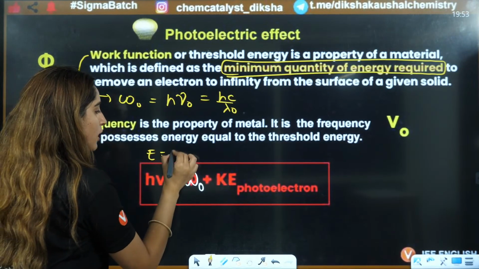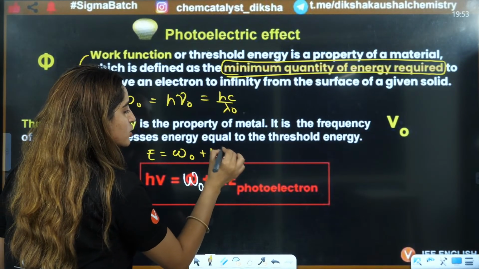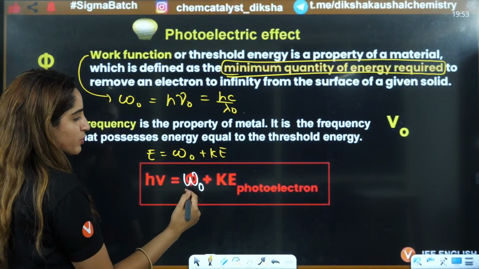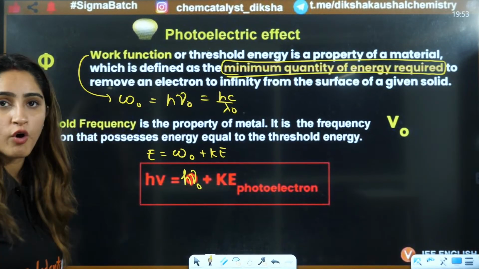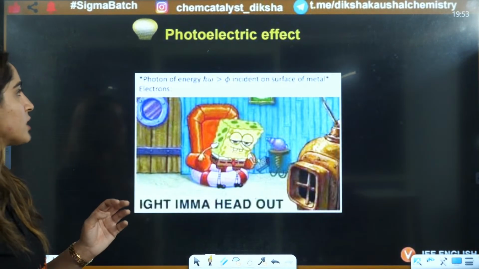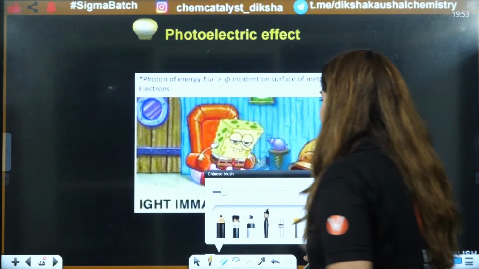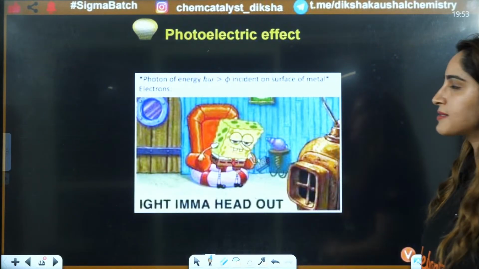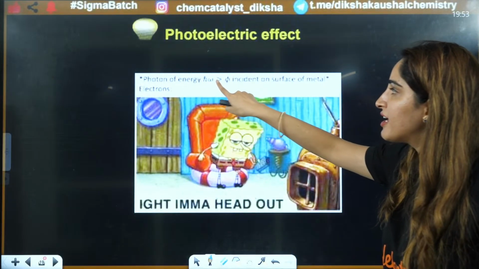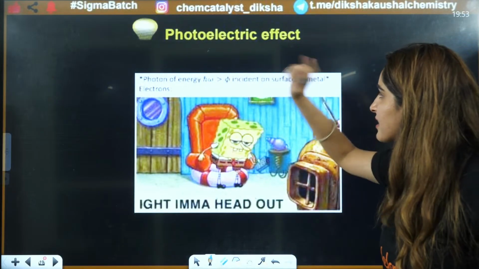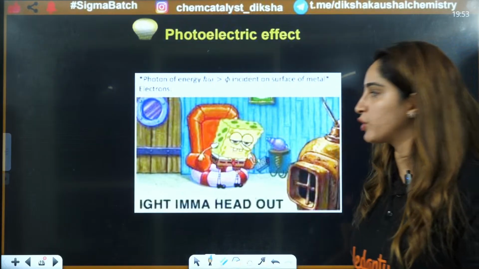Okay, and this is the formula. E is equal to W naught plus kinetic energy. This is h mu, and this is h mu naught. This is the kinetic energy of the photoelectron that is being ejected out here, right? So when the photon energy, that means the incident light, is greater than the threshold, what happens?